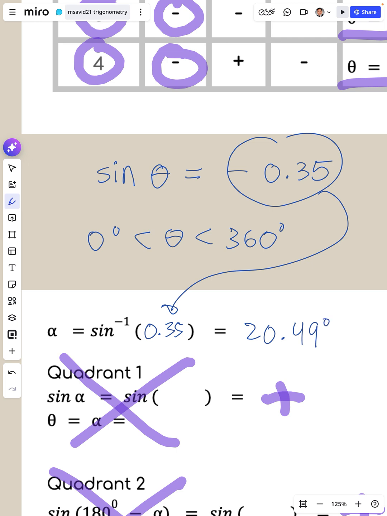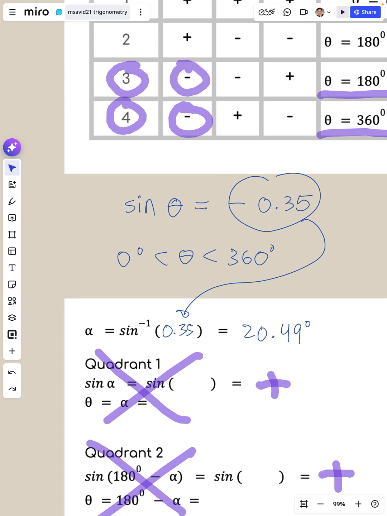Now, why do we have to put this positive value here? The reason is alpha is between 0 and 90, in quadrant 1, so it is always positive. The values of sine, cosine, and tangent are always positive there. The negative for sine will be in 3 and 4, which we are going to calculate later.